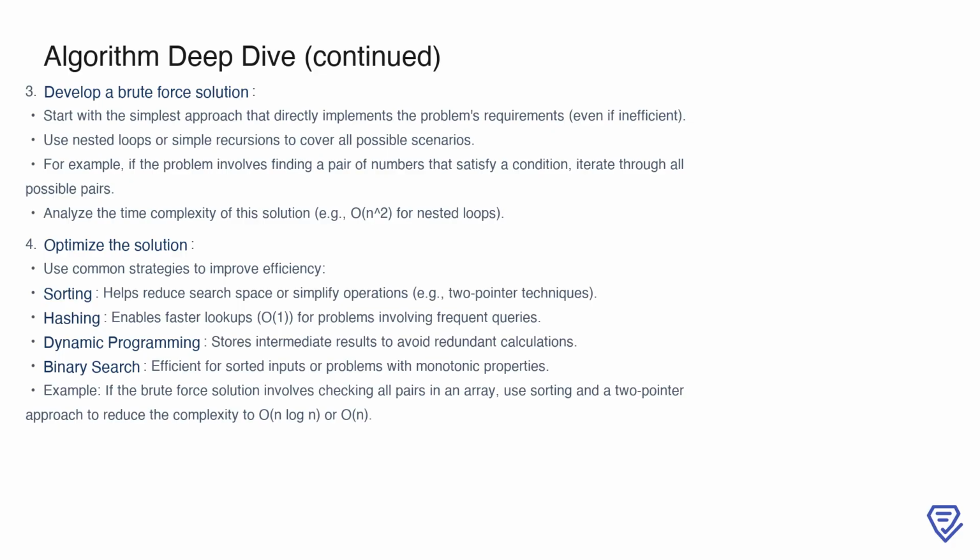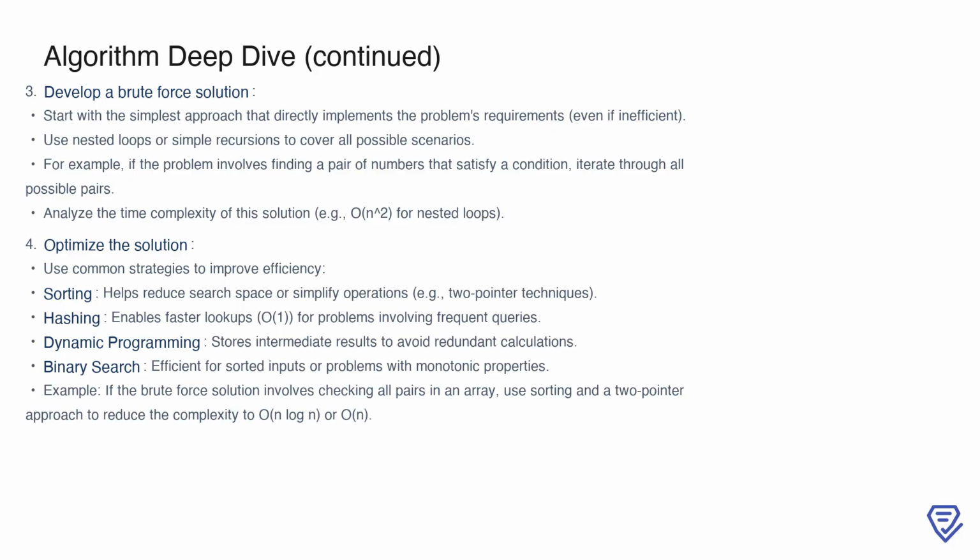Once we have a working brute force solution, the focus shifts to optimization. Here, we apply common strategies to make the solution more efficient. Sorting is a powerful tool for reducing the search space, often enabling techniques like the two-pointer method. Hashing can significantly speed up lookups, especially in problems involving frequent queries.